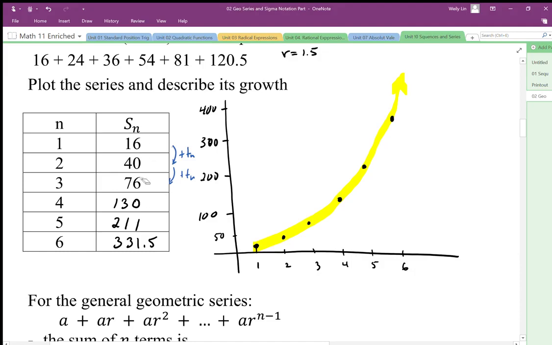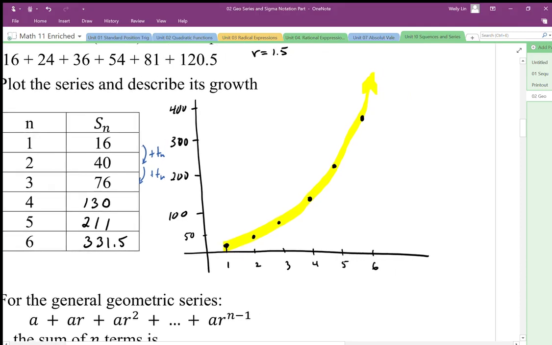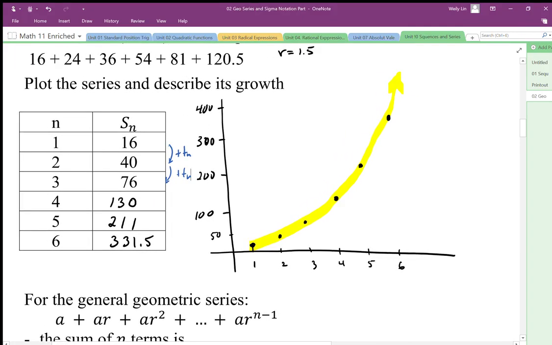So this is an exponential function. The changes are also exponential. This did not happen with the arithmetic series, because when we looked at the arithmetic series, the series was quadratic, but the changes, how the Tn is added on, were linear. And that's something that we were alluding to in some other units.